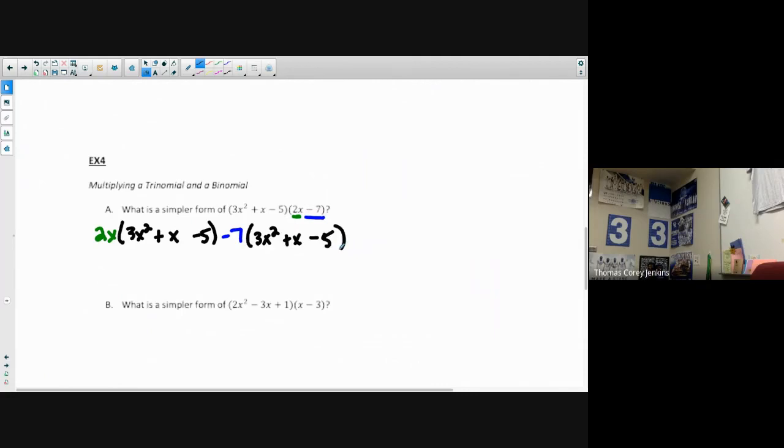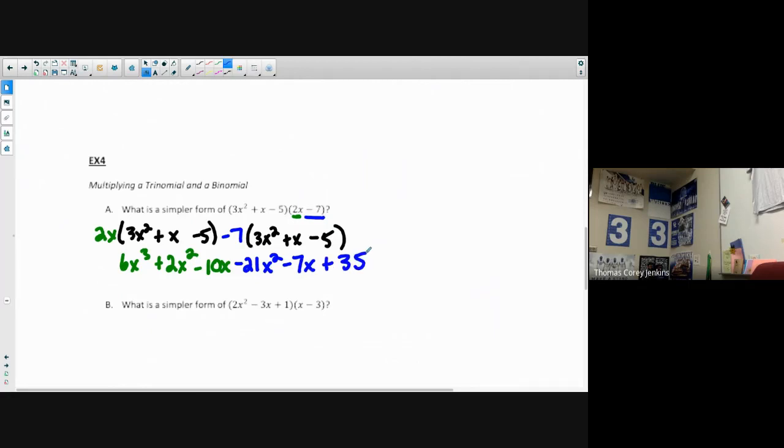When I distribute the 2x, I'm going to get 6x cubed plus 2x squared minus 10x. Now the minus 7. First term is going to be minus 21x squared, and then minus 7x plus 35.